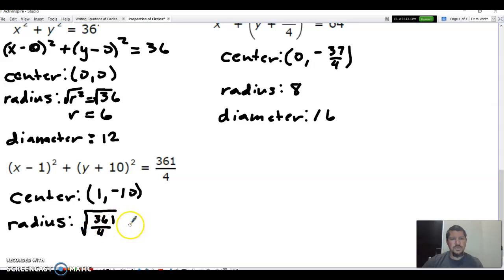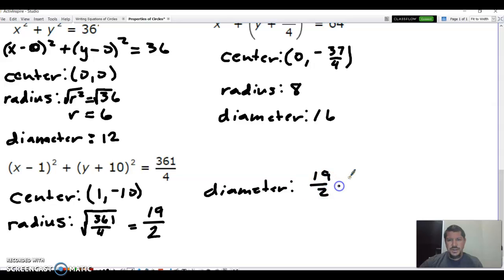Remember, square root of the whole thing. So square root of 361, if you put that in a calculator, is 19. Square root of 4 is 2. There's my radius. And my diameter is 19/2 times 2. Well, that 2 will cancel with that 2, which means that my diameter is 19.